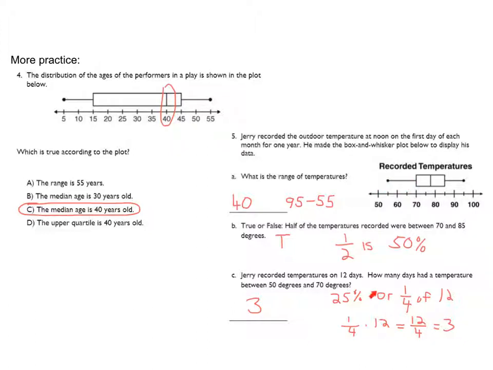So 25% is the same as 1/4 of 12. Again, you need to know that 25% and 1/4 are equivalent. So I multiply 1/4 times 12. Multiply across, multiply bottom, and I get 12 divided by 4. And so it's 3, and I should write 3 days. So we know what that number represents.